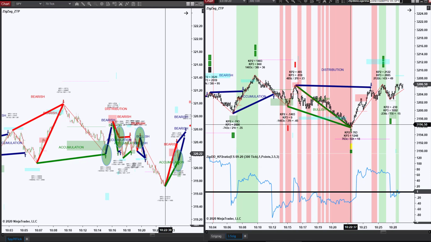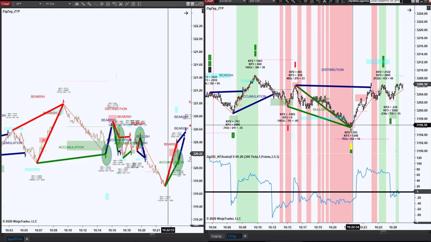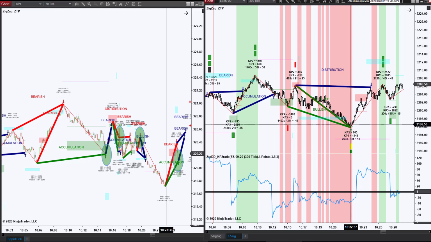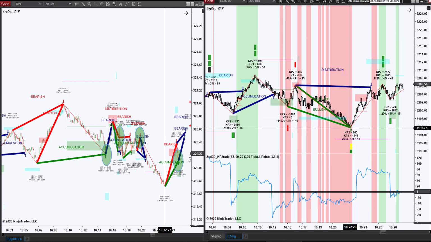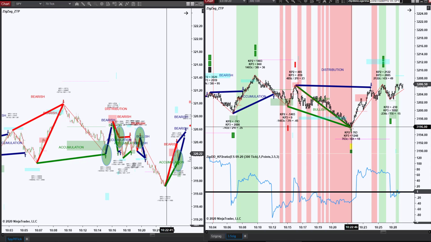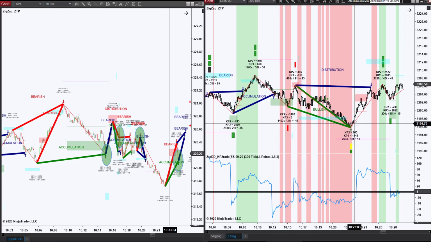And again, we can use the BloodHound template to give us an idea of where to pull the trade if we didn't have a set target, as once it gets down into here, we see that the BloodHound criteria is no longer telling us we should be short.